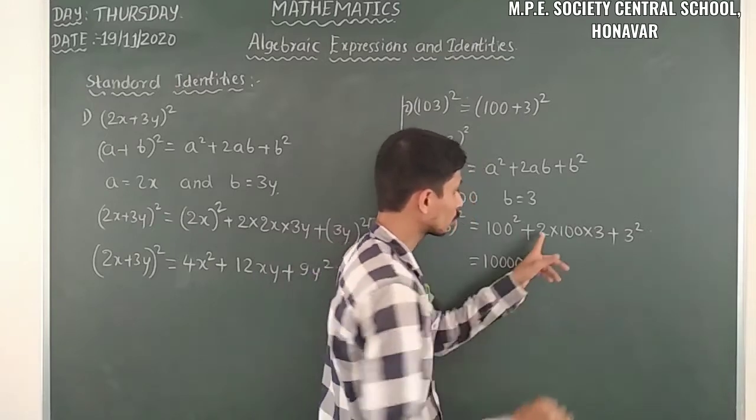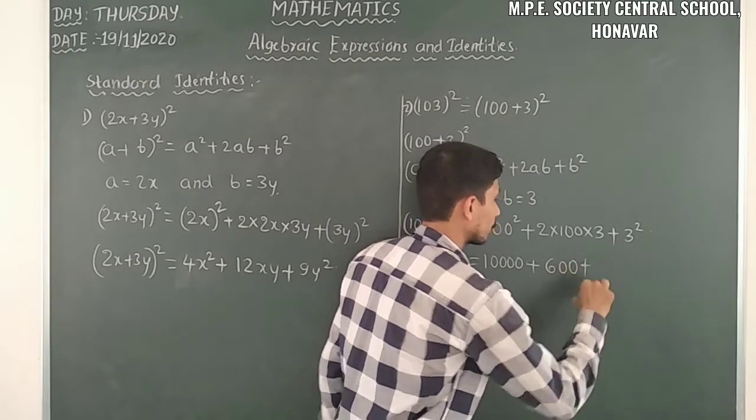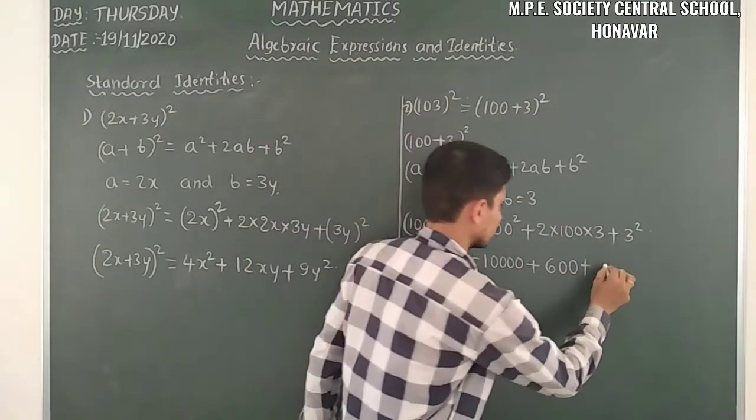Then plus 2 into 3 is 6, 6 into 100 is 600, plus 3 square is 9.